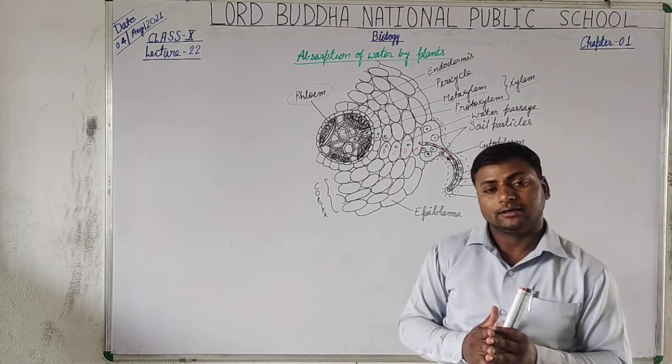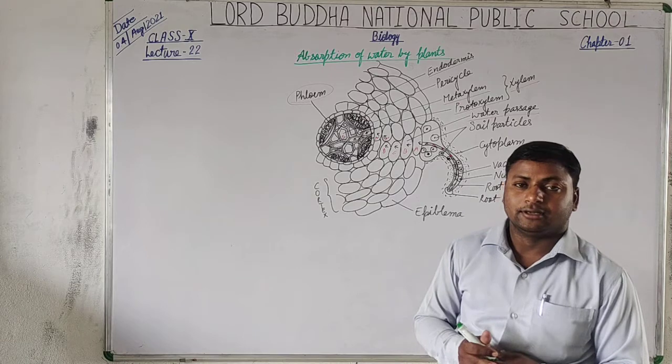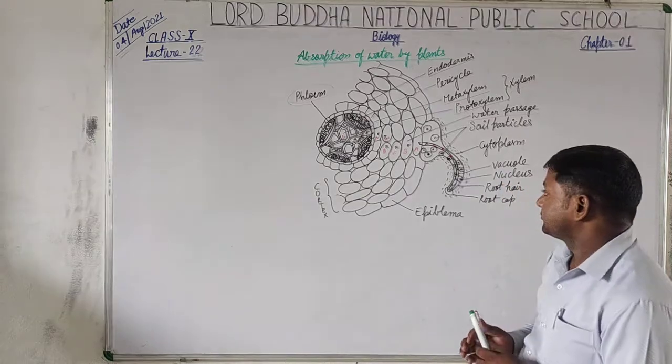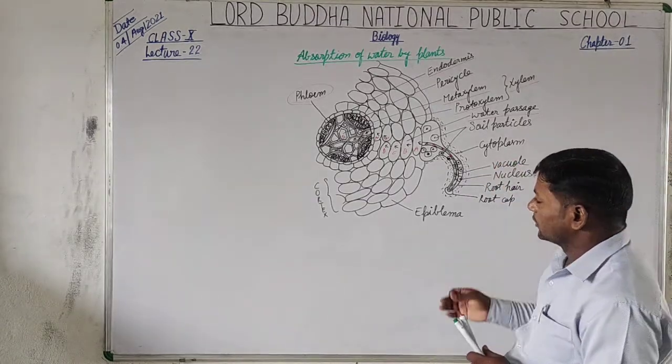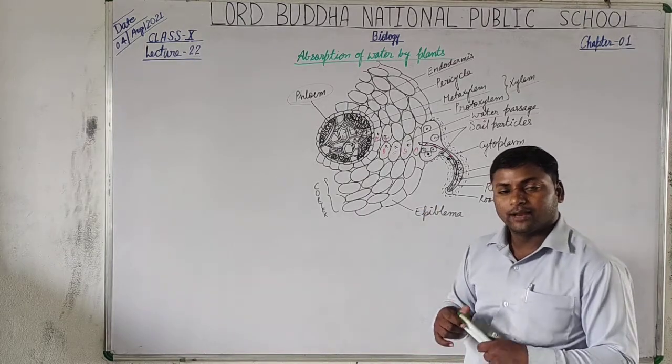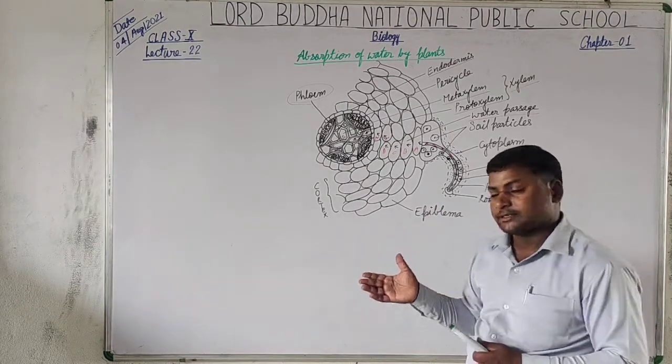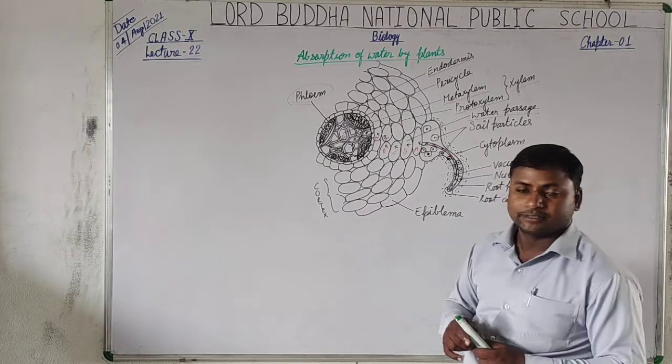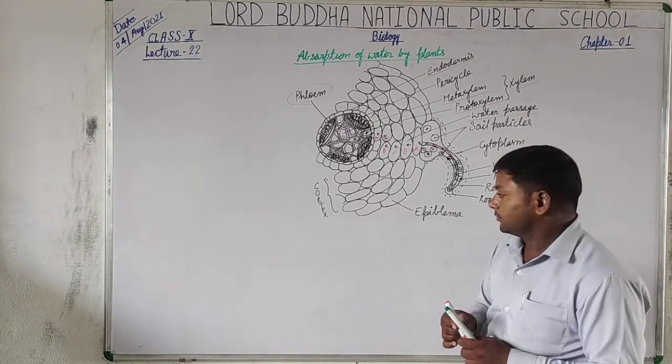But mainly here we are concerned with the shoot apices, because water is also required by the roots, and the distribution process also takes place for the root.